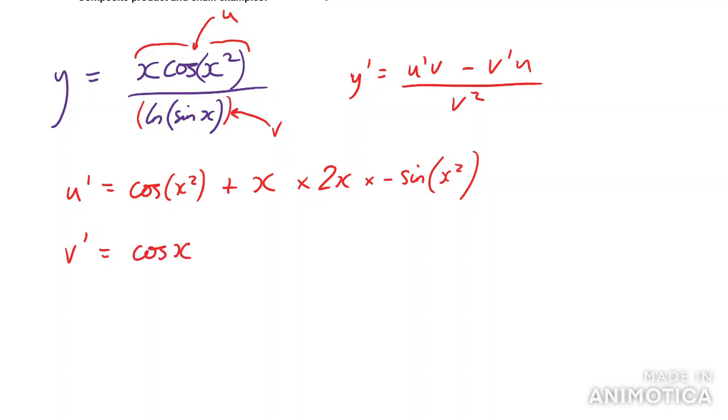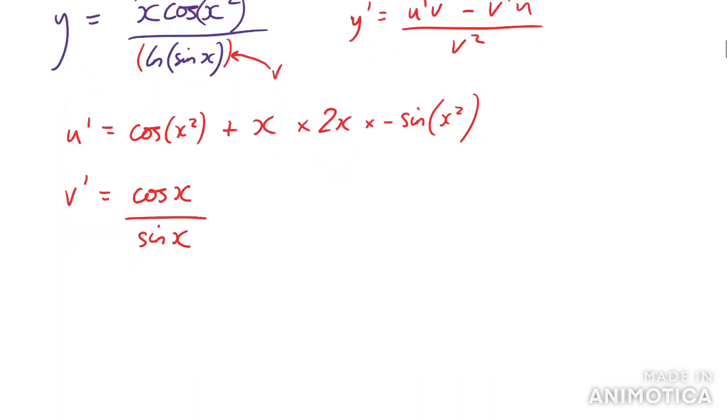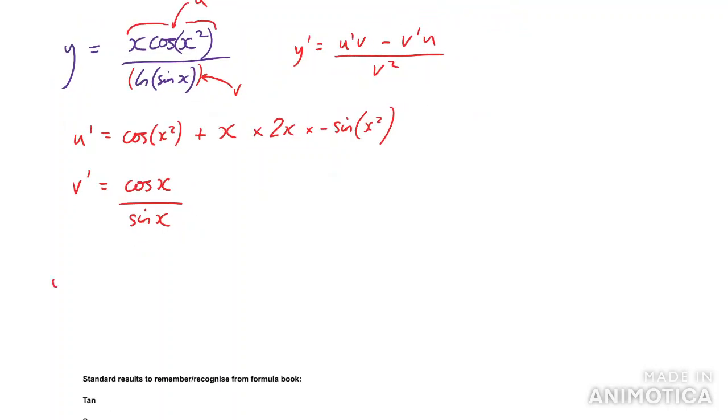And then moving one layer out, we get to ln, so that becomes 1 over. So if we differentiate that, that just becomes 1 over sine x. Okay, so that's our v dash. And so now putting it all together, we get y dash must be equal to, well, what is that?